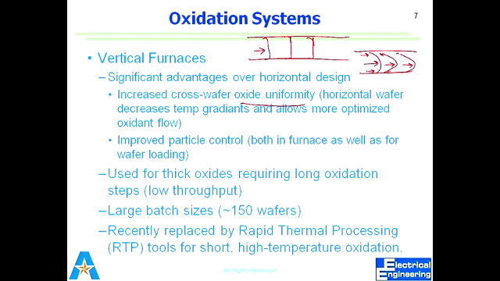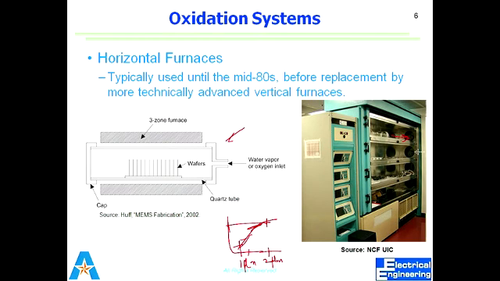The first thing is, in the horizontal furnace, a 3-zone furnace, the heating system is at the upper and the lower side. So it heats the wafer from one end to the other end. You are not heating the wafer all at one time.